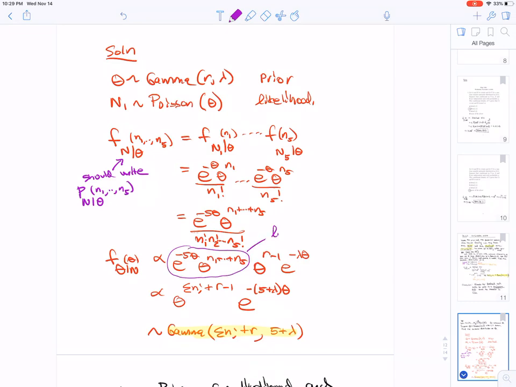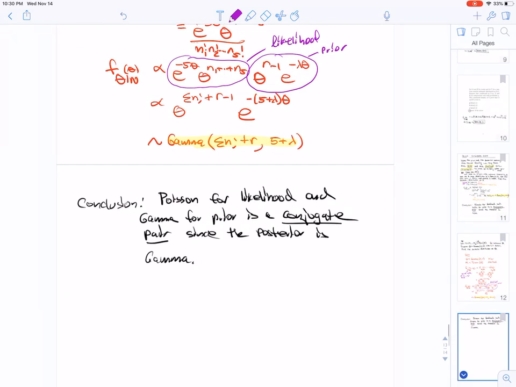So that's the likelihood, and this is the prior, just given by gamma. And so when you combine them, you can see you get something gamma. So the Poisson for likelihood and the gamma for prior is a conjugate pair, since the posterior is gamma.